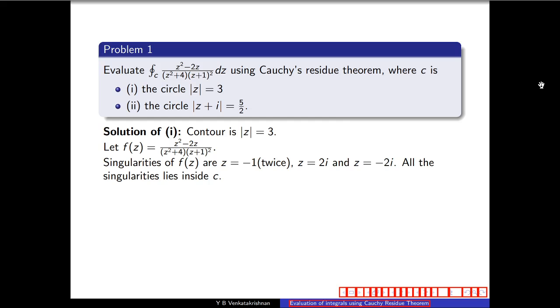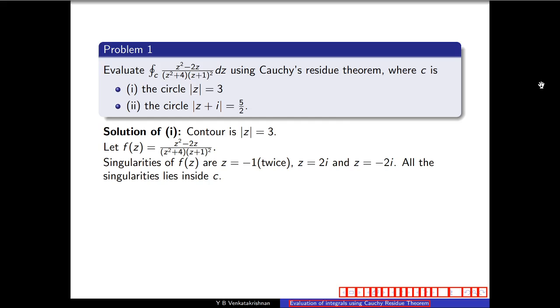I have taken C to be the circle mod z is equal to 3. That will be the first part. And for the second part, I will be evaluating the same integral, but the contour is modulus of z plus i is equal to 5 by 2.